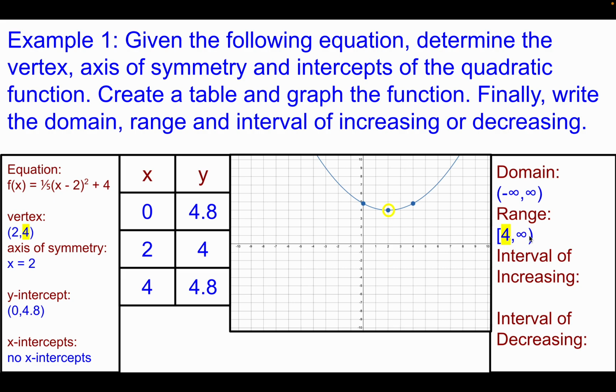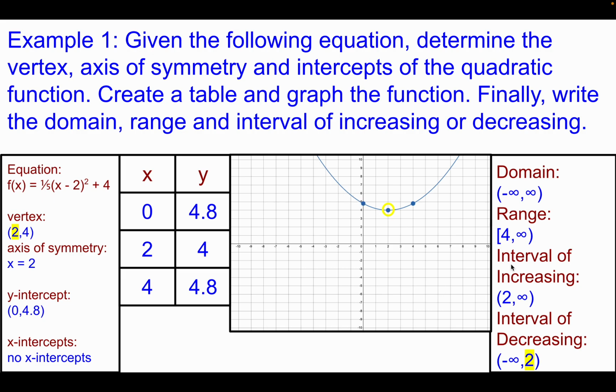My interval of increasing, that's also using the vertex, but now I'm looking at the x-coordinate. It's increasing after the vertex because this is a right side up parabola. So it's going to be increasing from 2 to infinity. And then my interval of decreasing will go from -infinity to 2.